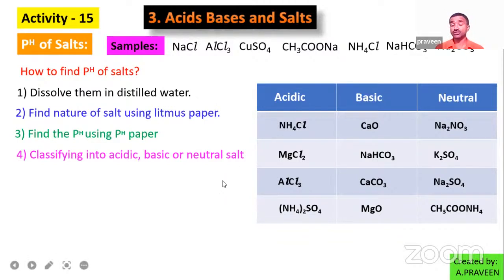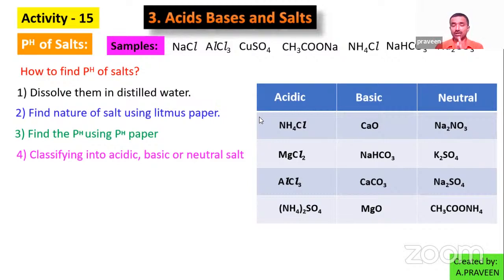Okay, this is how it is produced. Suppose here, if I ask you to produce MgCl2, how do you produce it? That you have to learn. So by the reaction of acid and base.